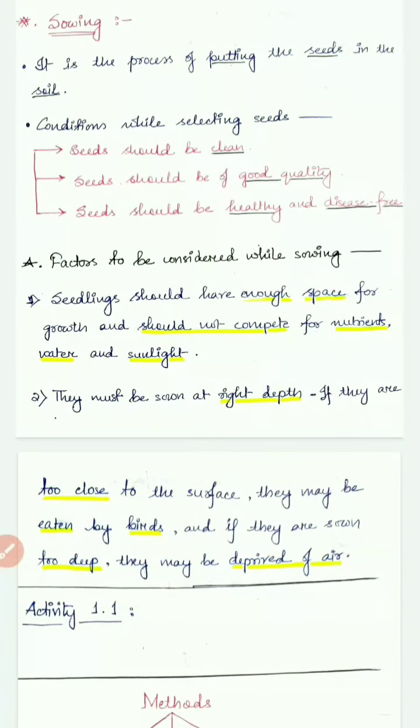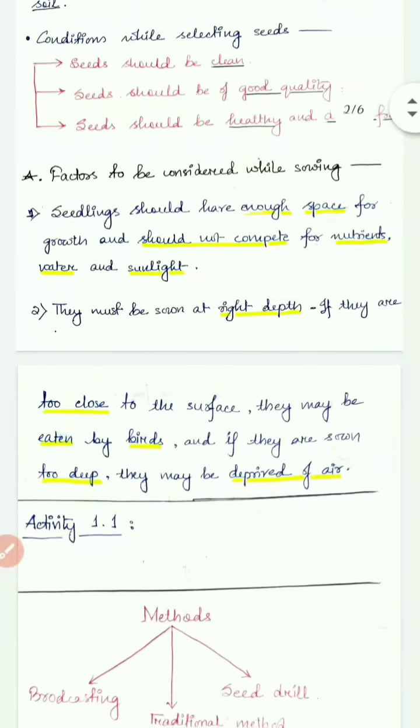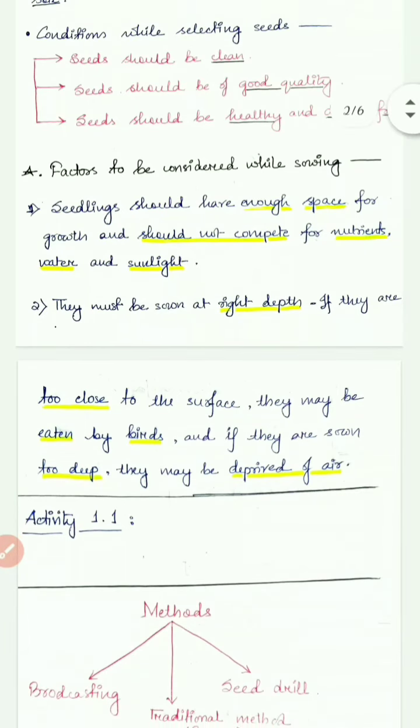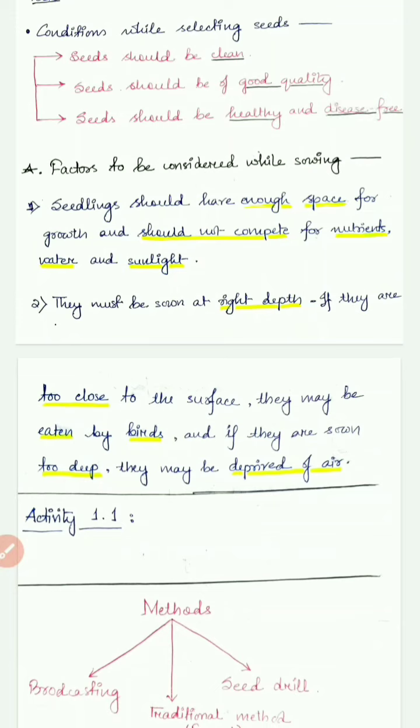Okay, so while sowing, there must also be some factors that you have to consider. The first factor is seedlings should have enough space for growth and should not compete for nutrients, water and sunlight. So what do you mean by the first point?